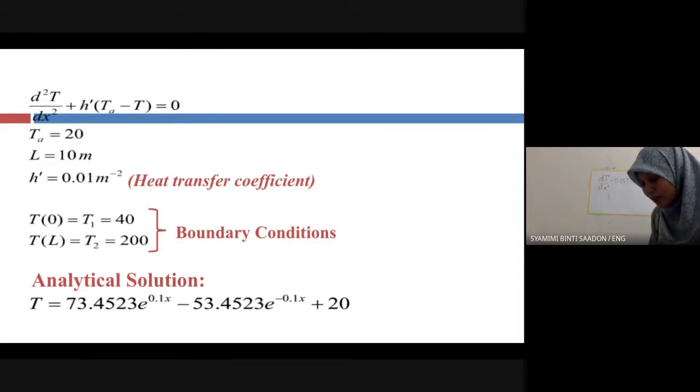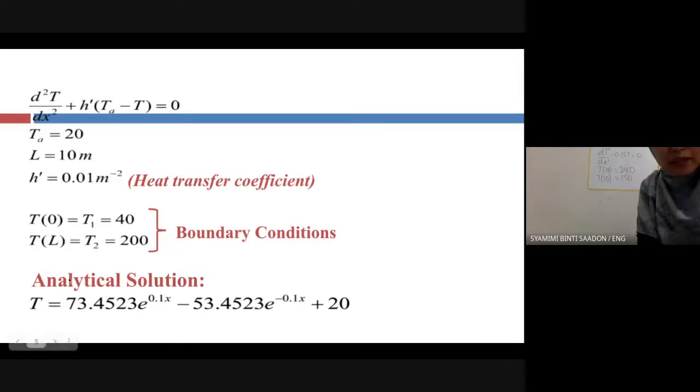And we have T0 equals 240 and T10 equals 150. This means that the road, the heat transfer, the road will be cooled.